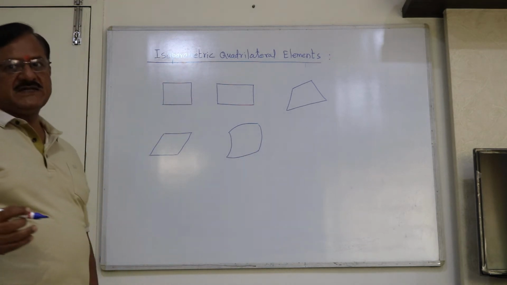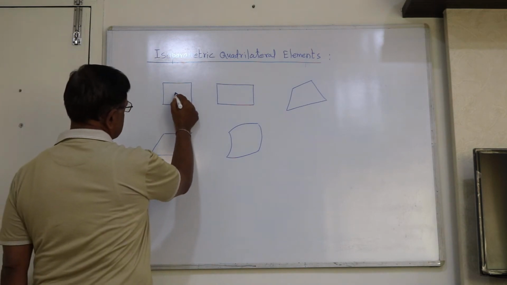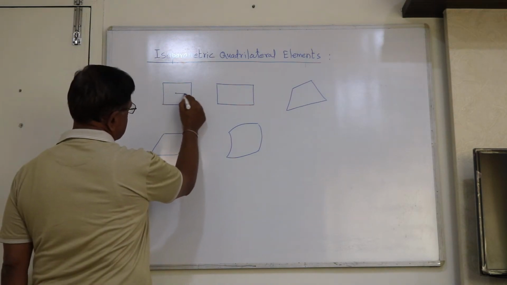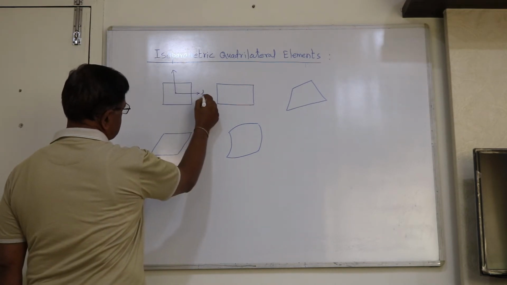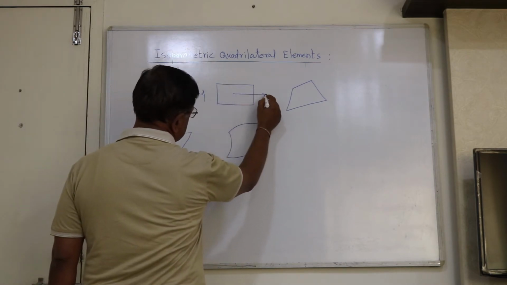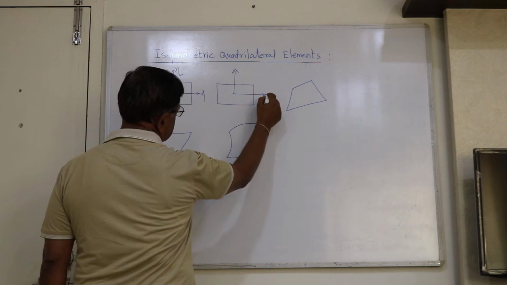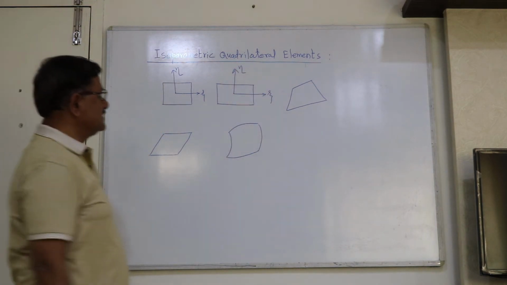In an isoparametric element, whatever the shape of the element, the origin is always taken at the center of the element, and the natural coordinate system xi and eta is used. For each element, we have to consider xi and eta as the natural coordinate system.